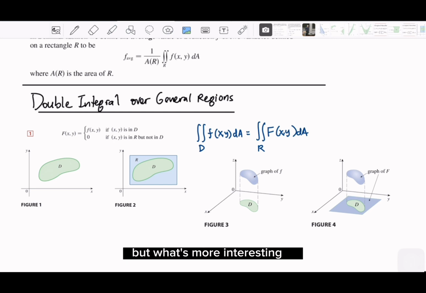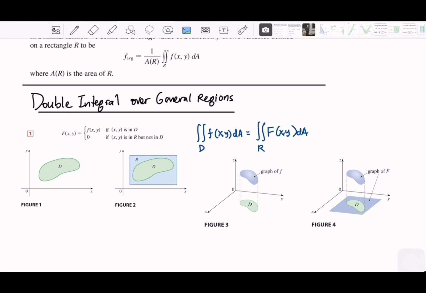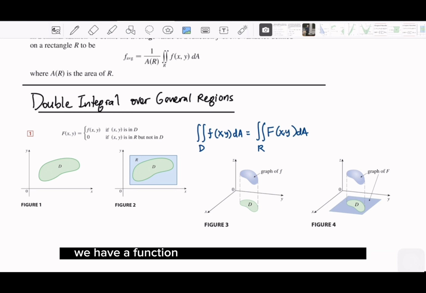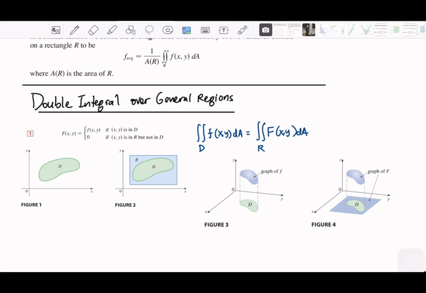But what's more interesting is that the general regions can be described by a function as well. For example, we have a function here that is y of x or f of x. We can draw a function that could be a bounded area, projected onto the surface, and we can use this area as our segmentation for the integral.